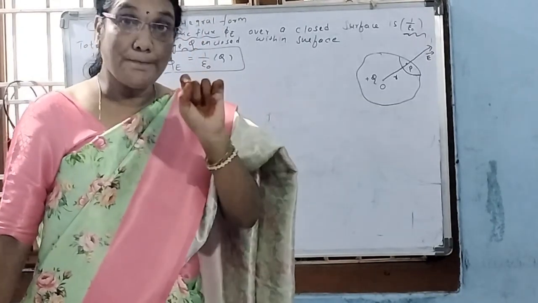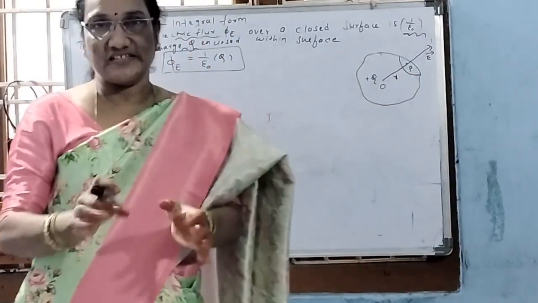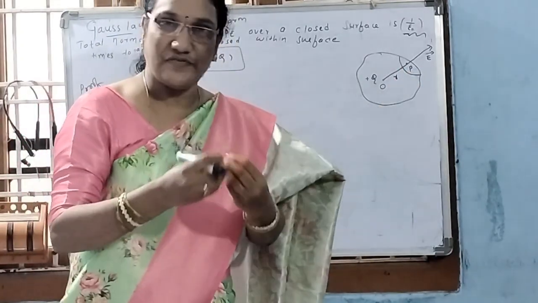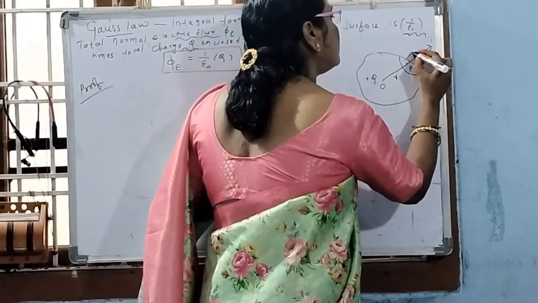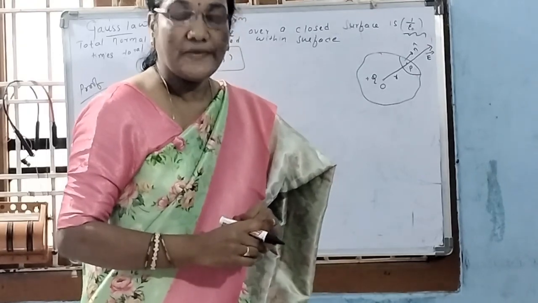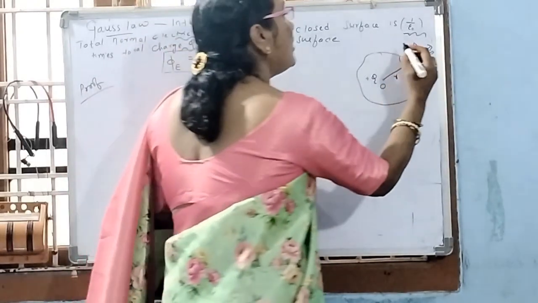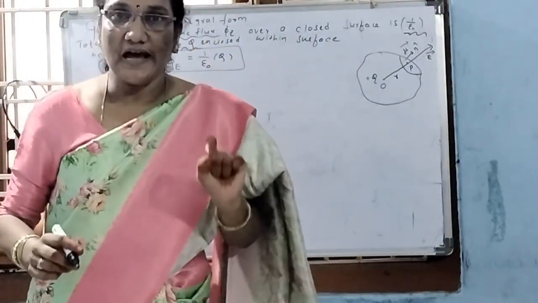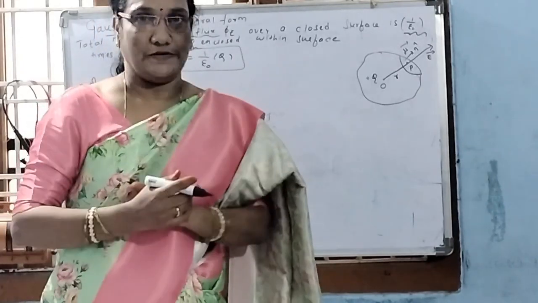The magnitude of that vector is the area of this surface itself. Now the direction: if this is the outward normal drawn from this elemental area, then the direction of vector ds will be along this outward normal.